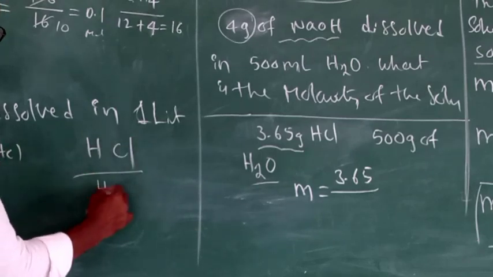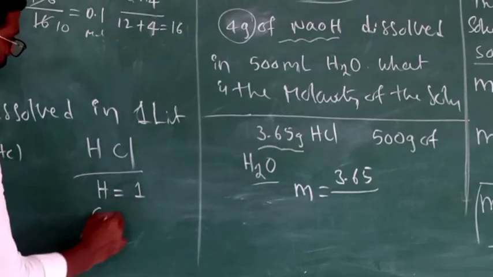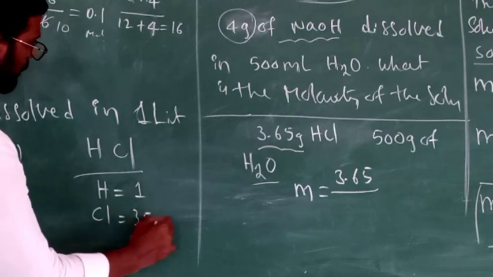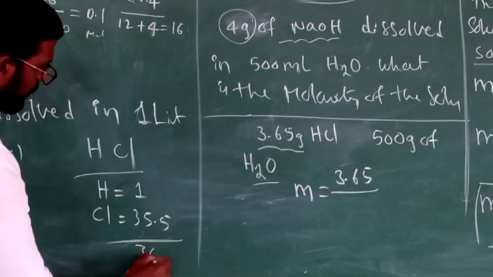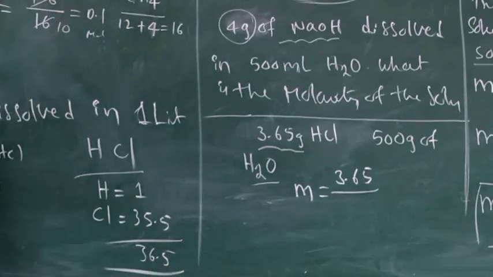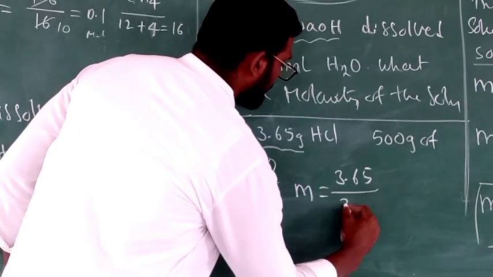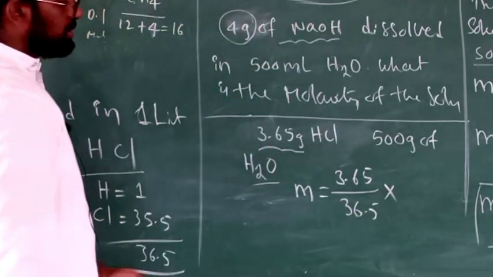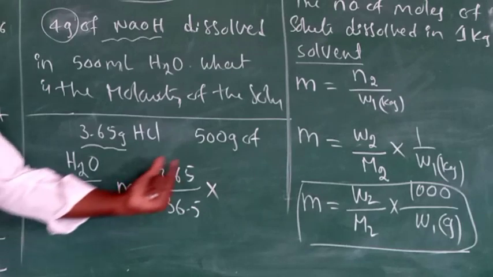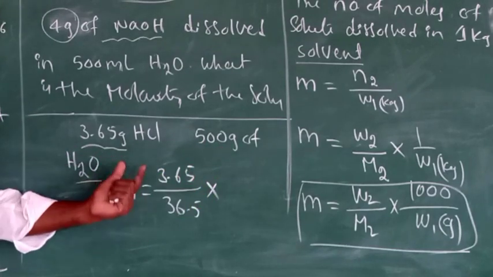HCl: hydrogen atomic mass 1, chlorine atomic mass 35.5, total 36.5. So the gram molar mass of hydrochloric acid is 36.5, into, since the mass of solvent is given in grams, isn't it?